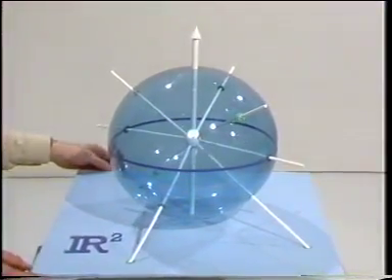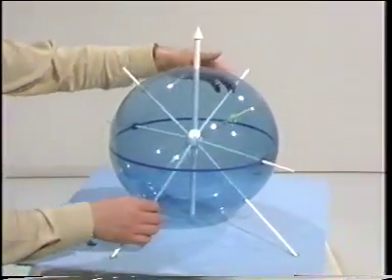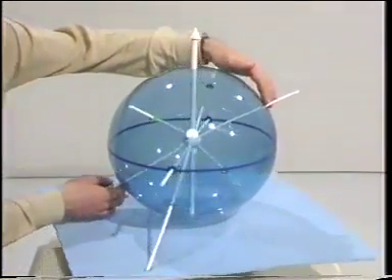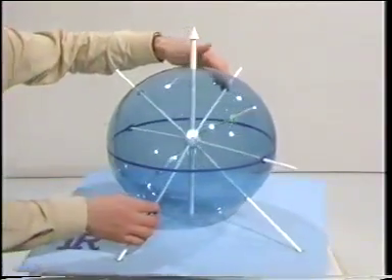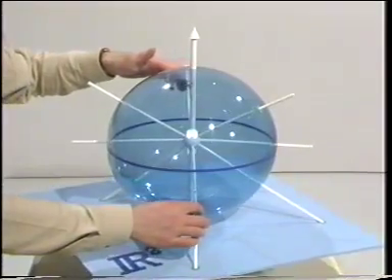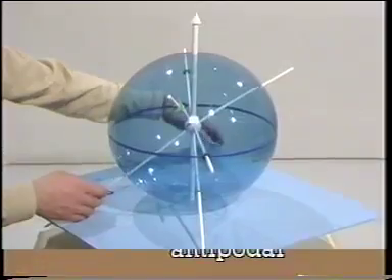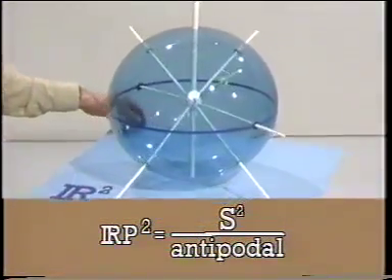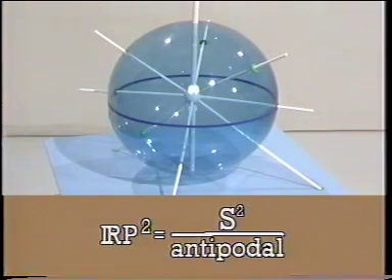But another problem has emerged. Every ray meets the sphere in 2 points, not 1. Therefore, each point of the projective plane corresponds to 2 points on the sphere. So to get a genuine model for the projective plane, we're going to have to identify antipodally opposite points. This is the notation for that.